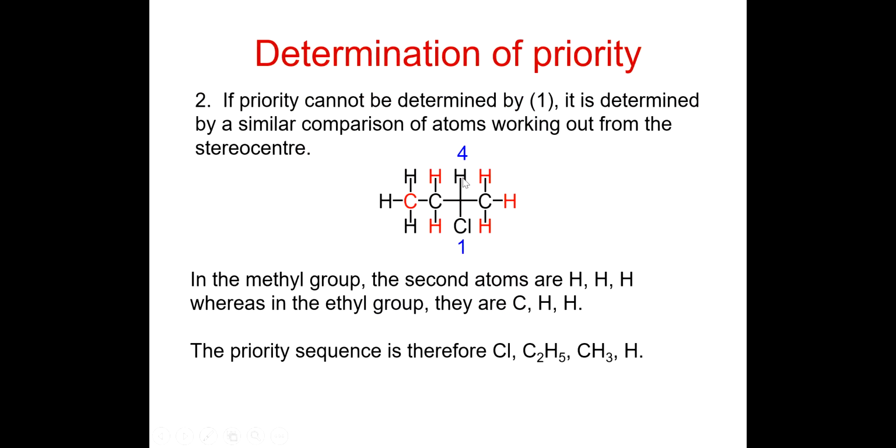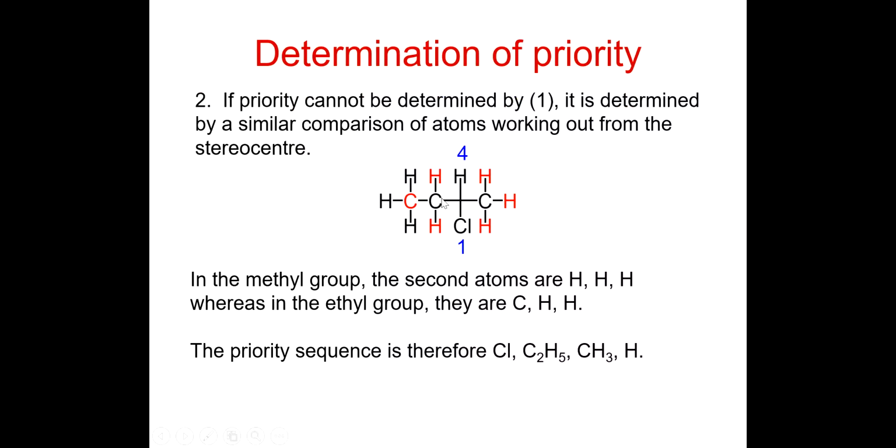Okay, this one is similar to the exercise we just did. Chlorine ranks highest because its atomic number is 16, and for hydrogen, the atomic number is 1. It's the first element. And then we only need to compare which one ranks higher, the methyl or the alkyl group. Here, they both start with a carbon.